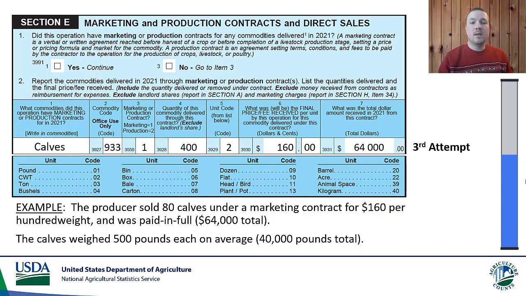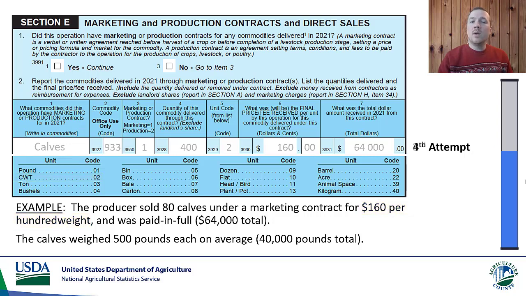What about my third attempt? With a little math, I converted 40,000 pounds to 400 hundredweight, expressed with unit code 2 for hundredweight. $160 is the price per hundredweight, so this example is consistent.